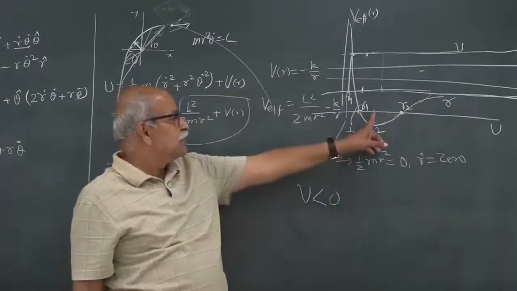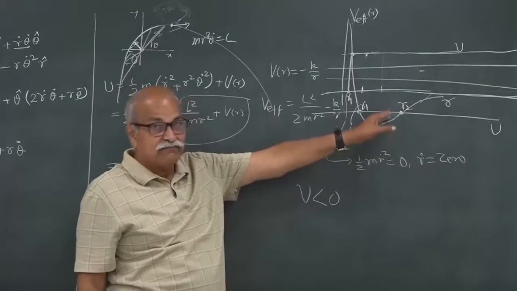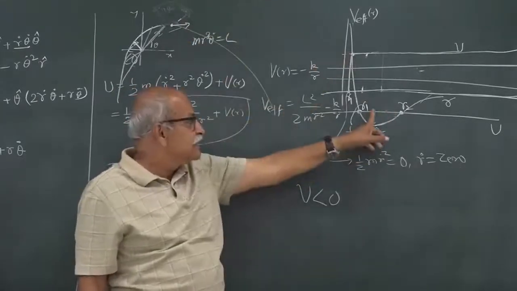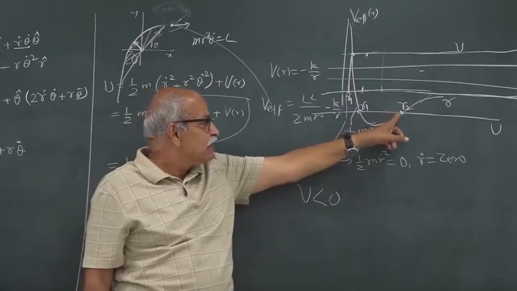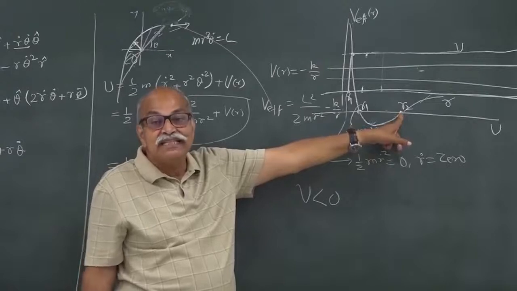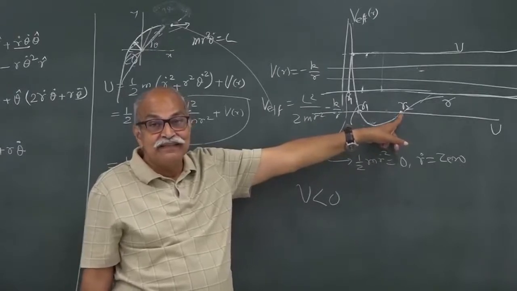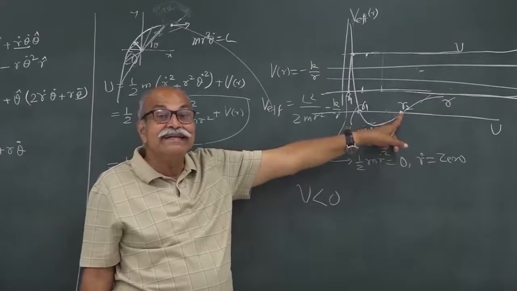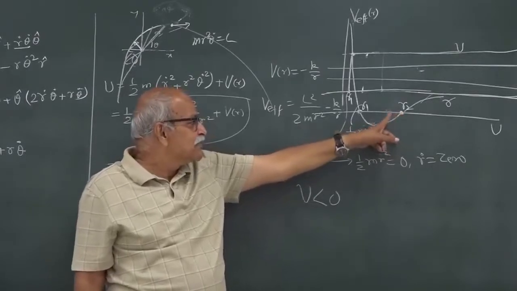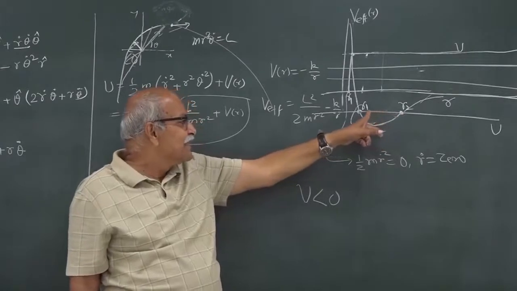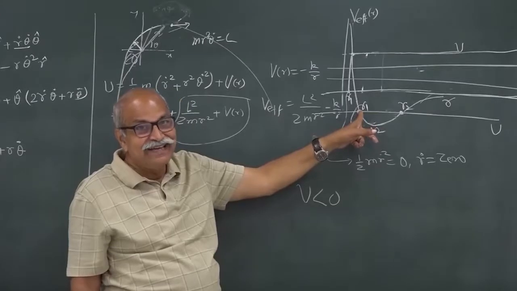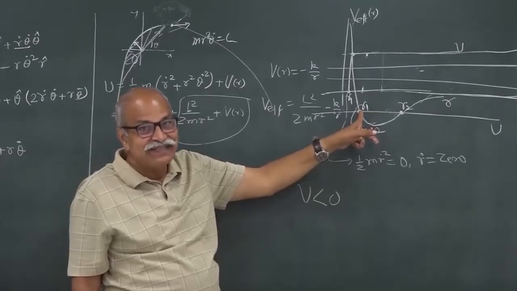If the particle is going towards the right on this diagram, that means r is initially increasing, it will keep increasing, but here it will reach a maximum distance from the origin, and then r will start decreasing. That means on this diagram the representative point will be moving this way, and once it reaches here, again r dot is 0.